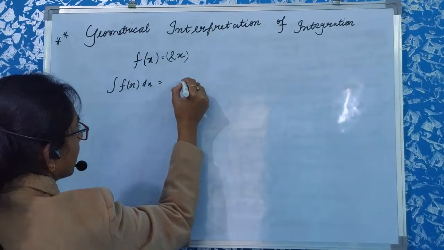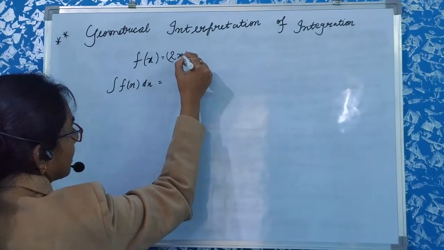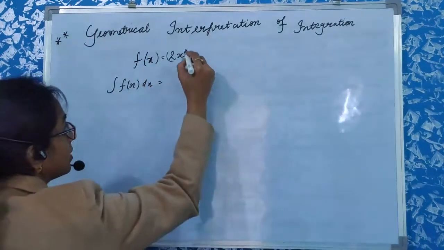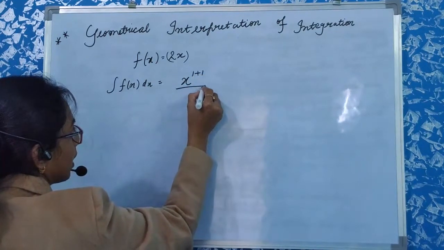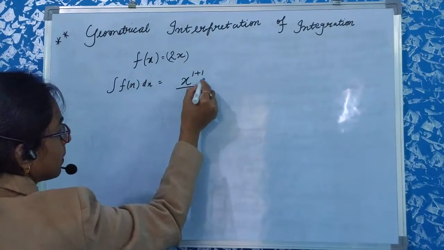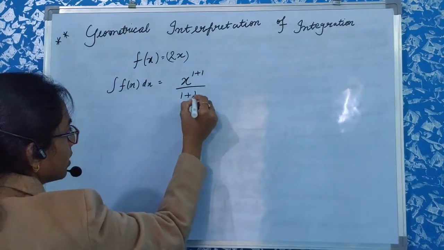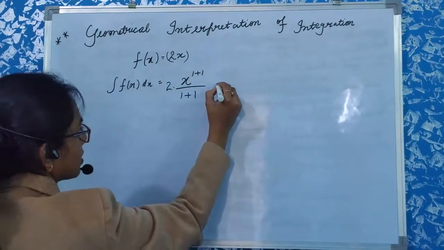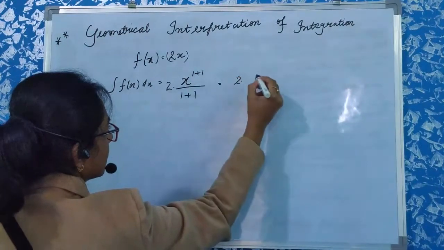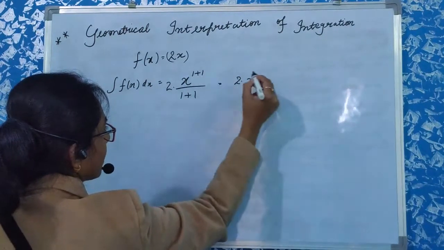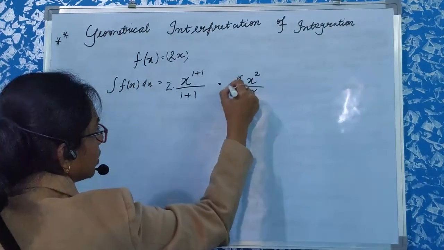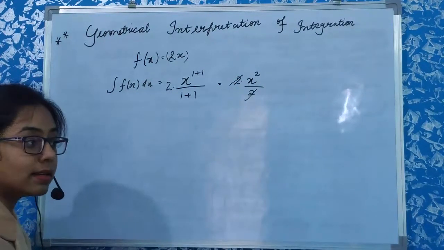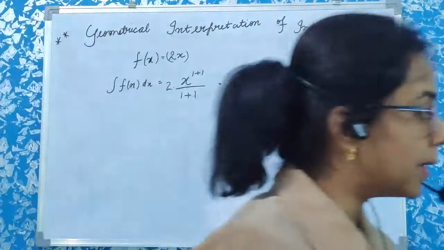So what is the power of x? 1. The power is 1, so 1 plus 1 upon the same 1 plus 1, and you have 2 in multiplication. So this is 2 into x to the power 1 plus 1 upon 1 plus 1. 2 upon 2, cancelled. And where is my second pen?